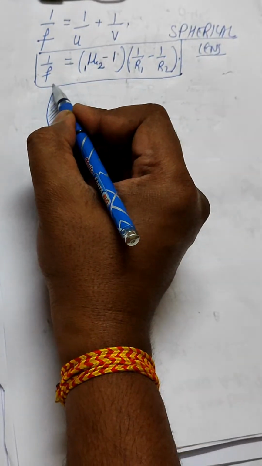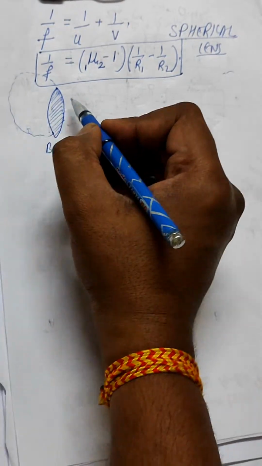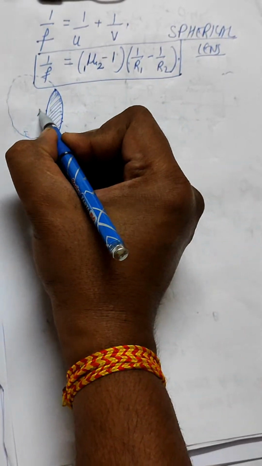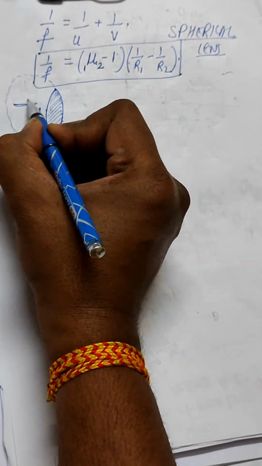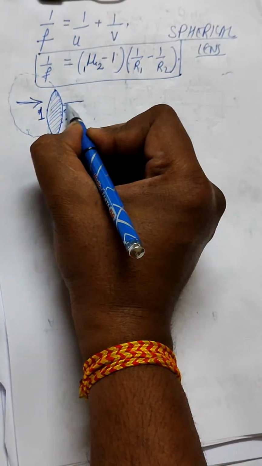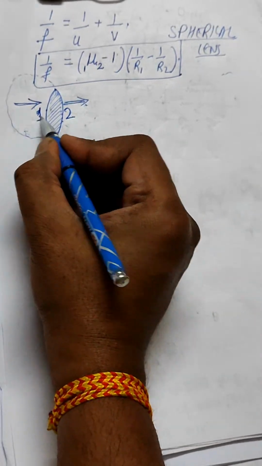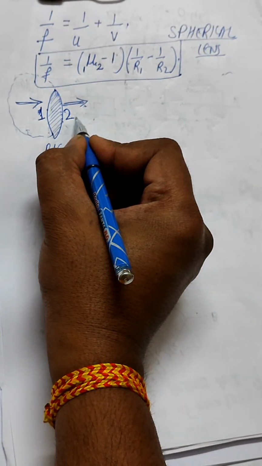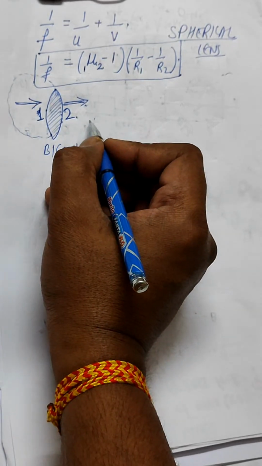So you can see this is a part of a circle, right? If this is surface 1 and this is the incidence, then this is surface 2, the emergence. Surface 1 and surface 2 have some radius of curvature.